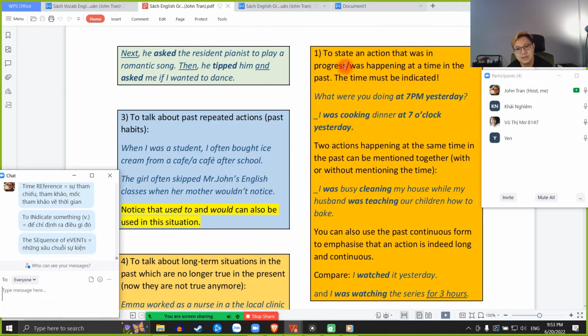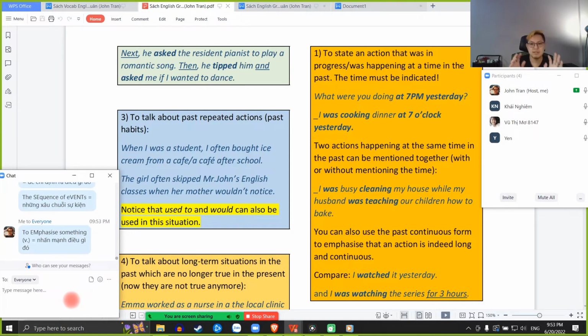Okay, you can also use the past continuous form to emphasize something, to emphasize that an action is indeed long and continuous. Indeed, ý kéo dài đó.